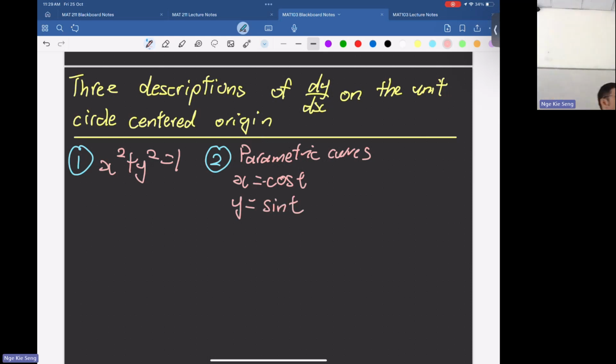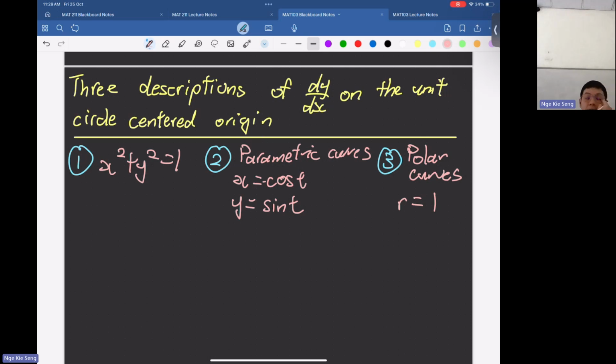This is exactly how we go from regular coordinates to polar coordinates. And the third way we describe it is using a polar curve. How do we describe the unit circle with a polar curve? It is the constant function.